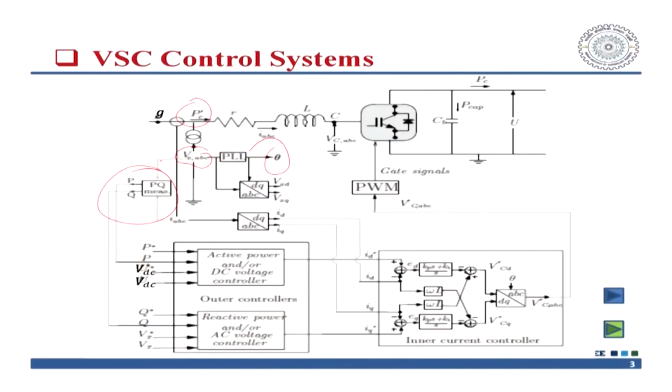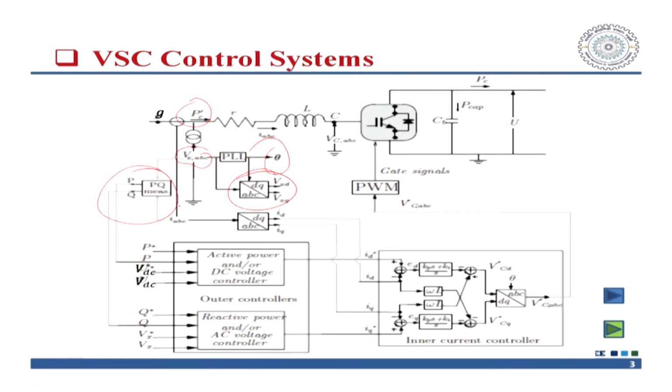When alpha beta is rotated at a synchronous speed, or the frequency that is generated by the PLL, and the instant position is generated by the theta also, then in this frame of reference the fundamental component looks like a DC parameter, then tuning of the PI controller and other issues become easier. For this reason we have told several times about the SRF method, which is basically a method to convert from the ABC to the DQ frame of reference.